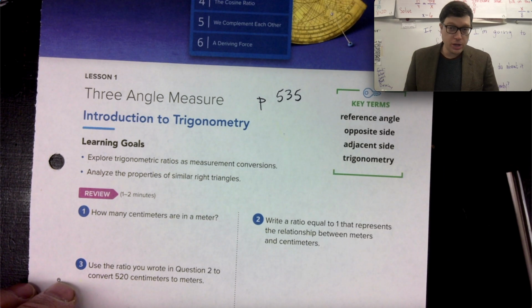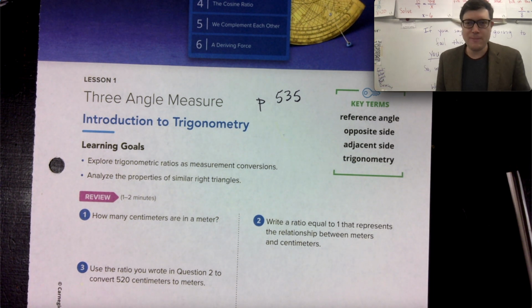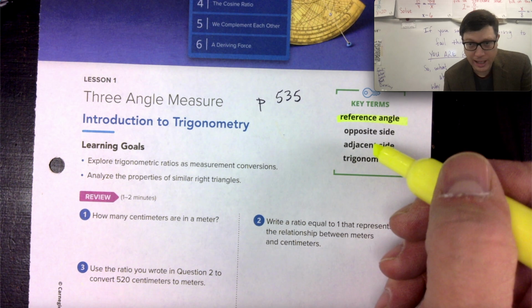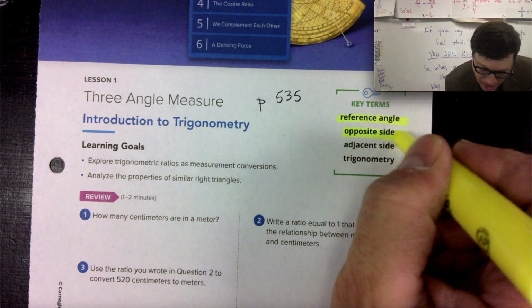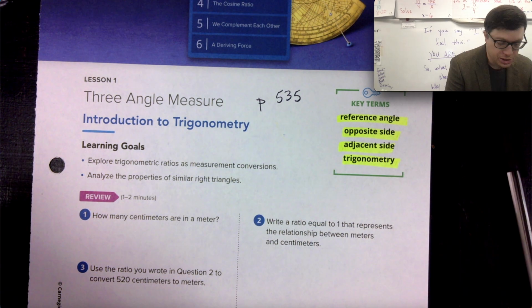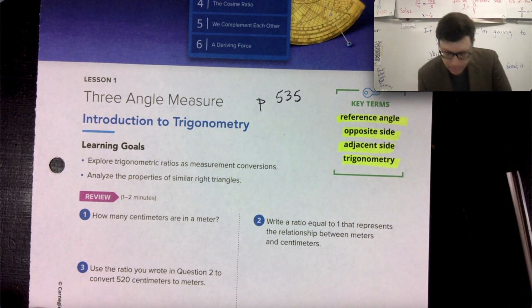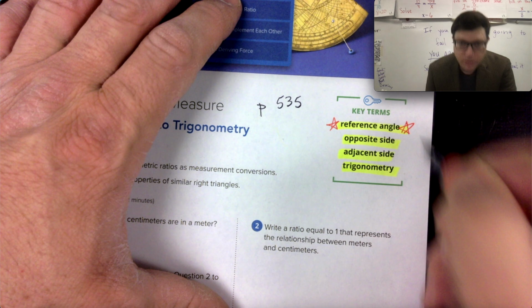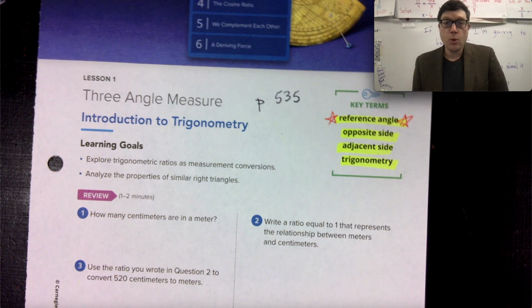Back on page 535, let's go ahead and highlight those vocabulary words. Our key terms, the first one. In fact, I'm going to bring in another pen and highlight or star the term reference angle, because this is the most important thing to identify when we begin these problems.